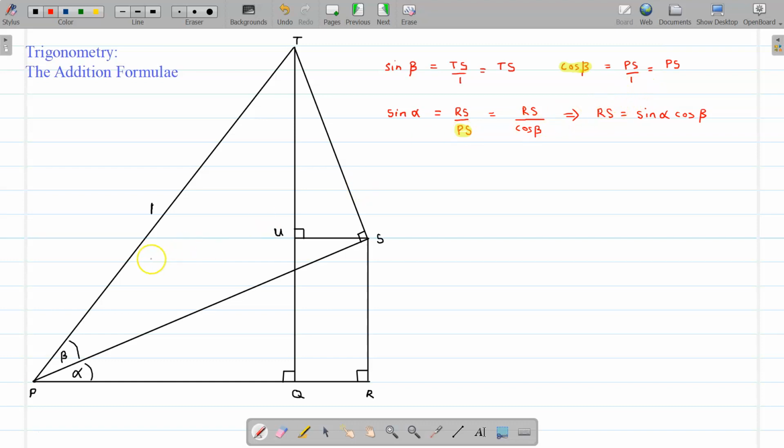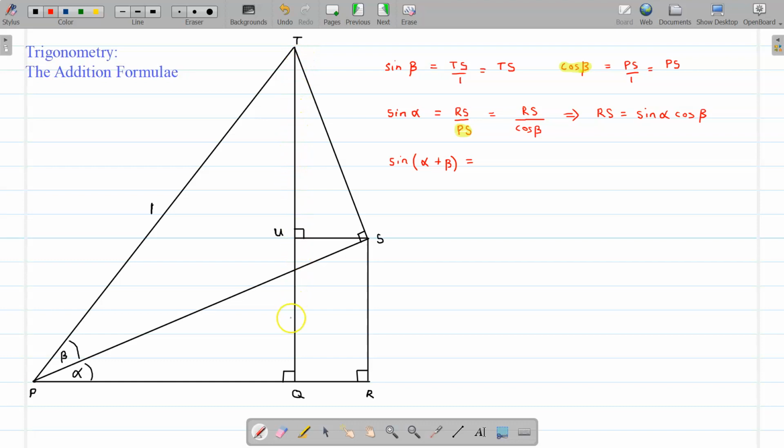Now if I take the whole angle here, the sine of the angle alpha plus beta, which is the larger angle here, the sum of those two, I can see that that's going to give me TQ over 1.